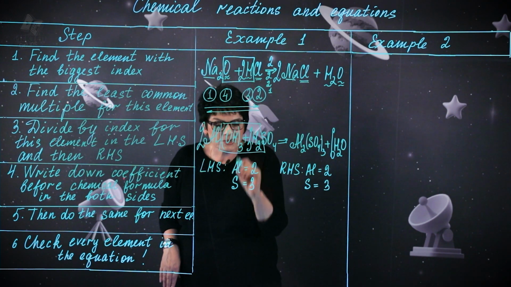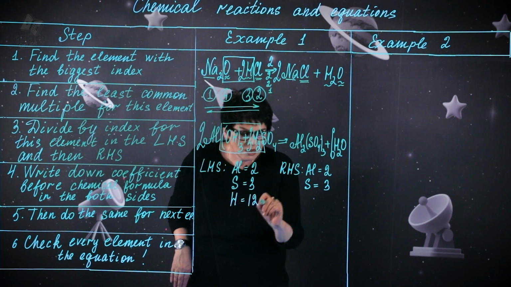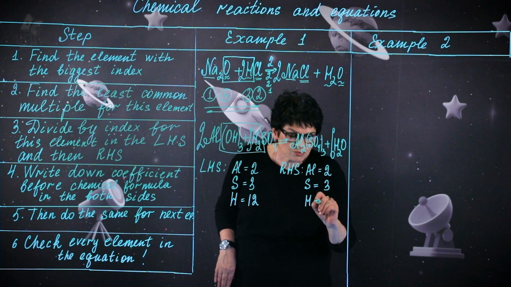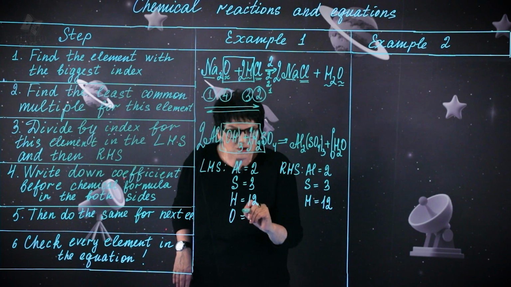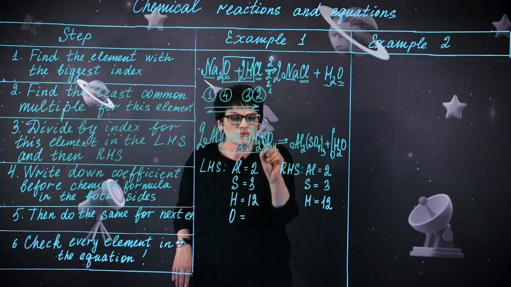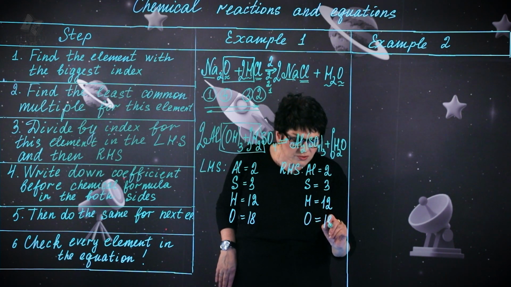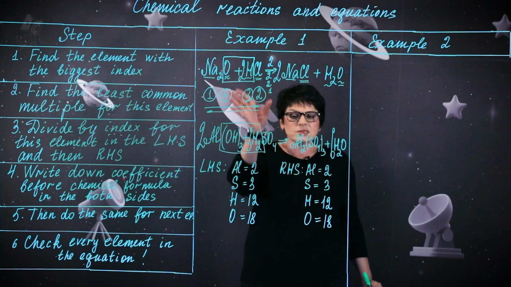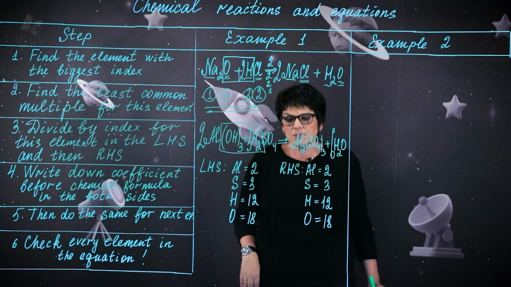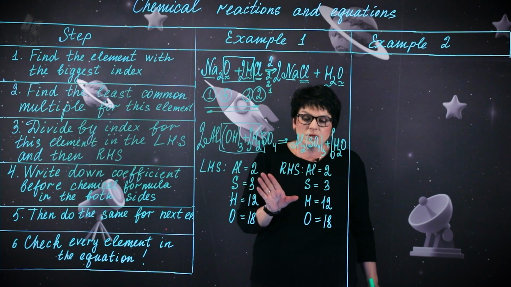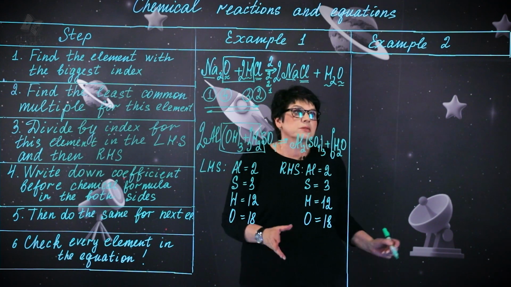Moving forward, we have a total of 12 hydrogen atoms on the left-hand side, and 12 hydrogen atoms on the right-hand side. And oxygen: we have 18 units on the left side and 18 units on the right side as well. So in exchange reactions, and these reactions can be incredibly complex, judging by the examples I demonstrated, you must work with great care and preferably adhere to a well-thought-out strategy in order to achieve the desired outcomes.